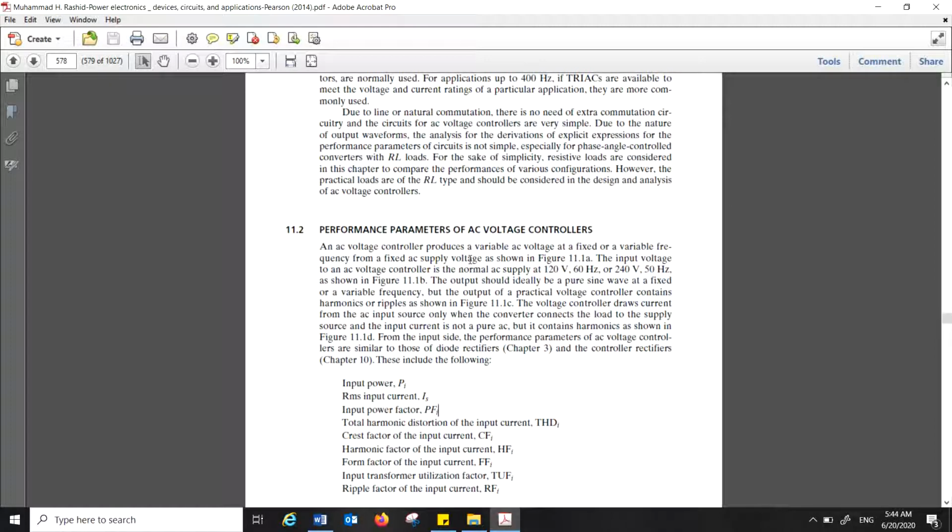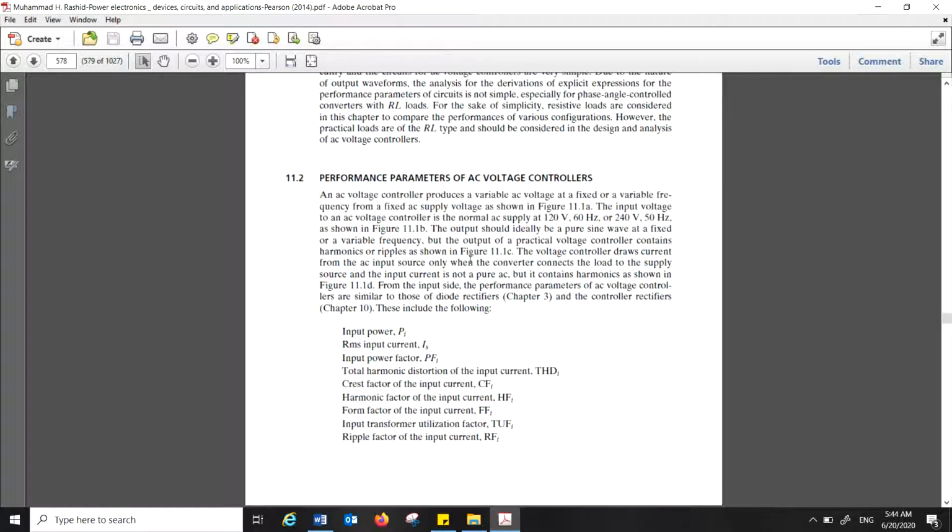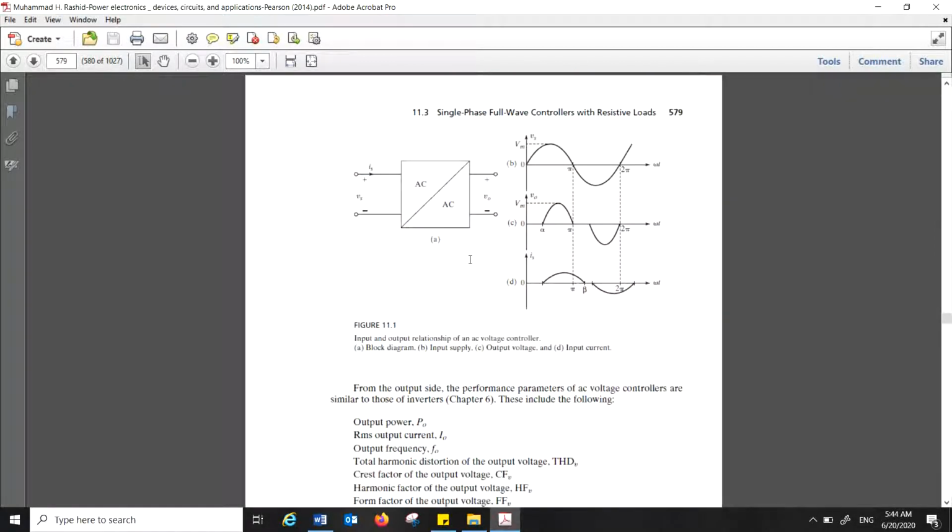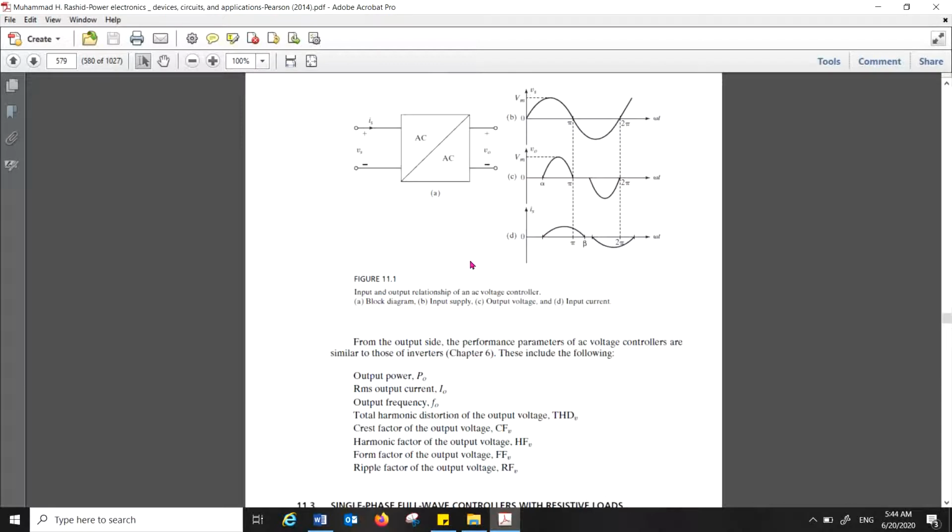Now, look at the diagram first. We'll come back to our original topic; this is just an introduction. We have an AC to AC converter. We feed a voltage and we get an output voltage.